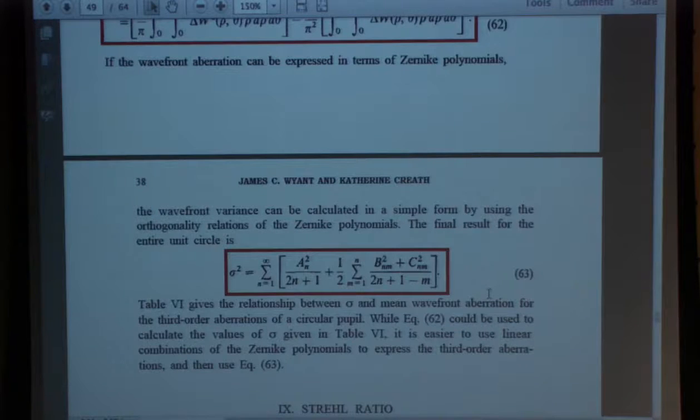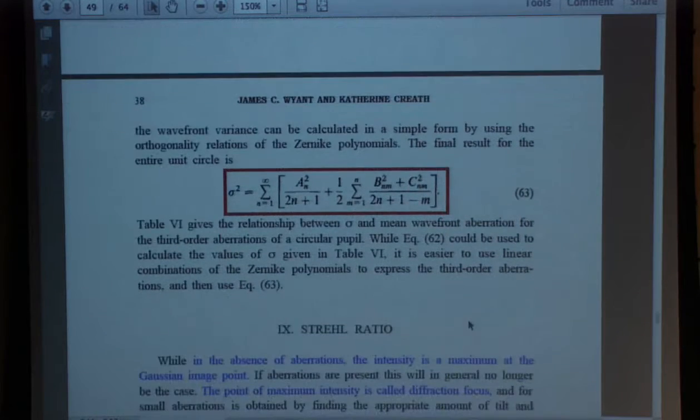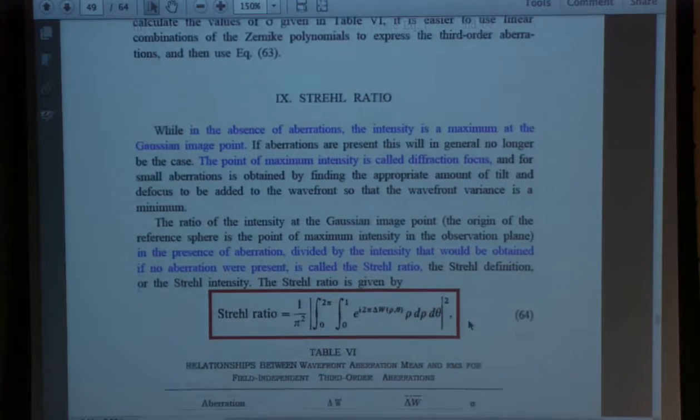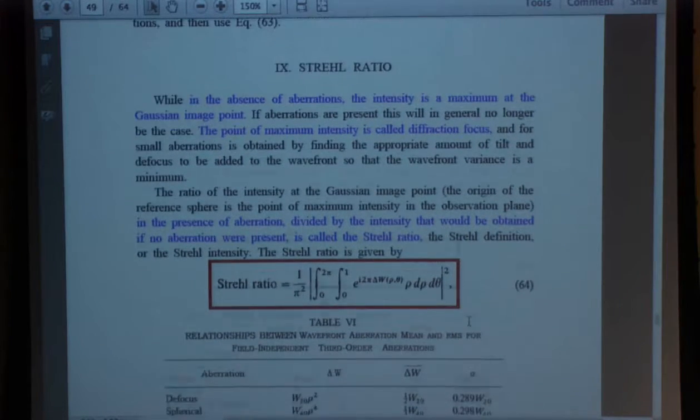Okay, so RMS is probably a better way of describing how good an optical system is. So that takes us to Strehl ratio here, and we're going to see a very nice relationship between RMS and Strehl ratio.